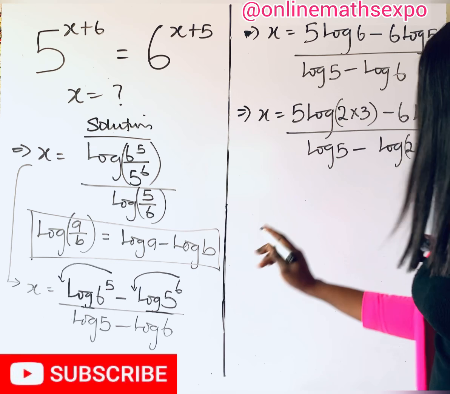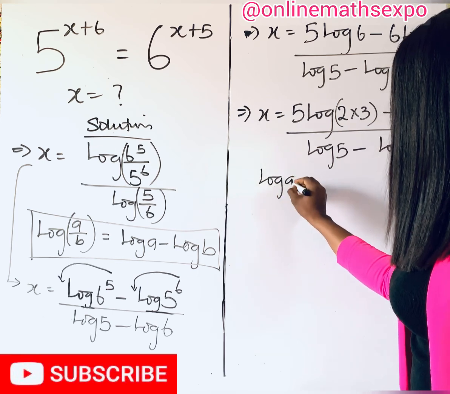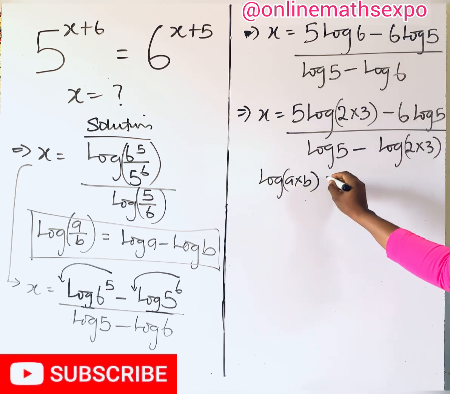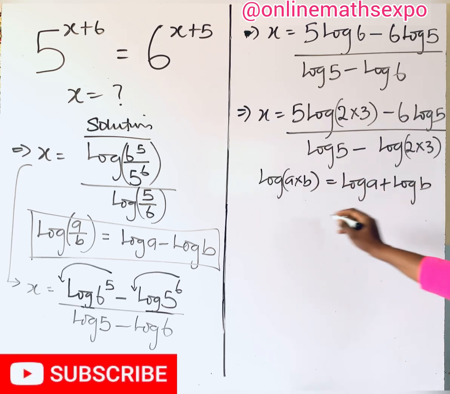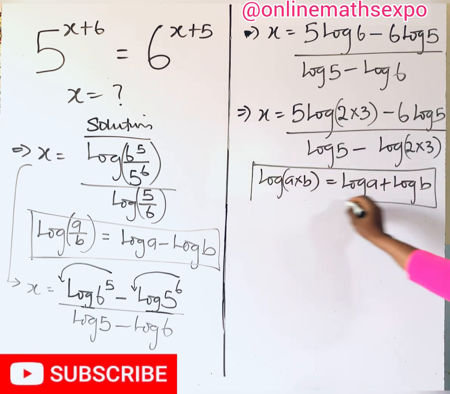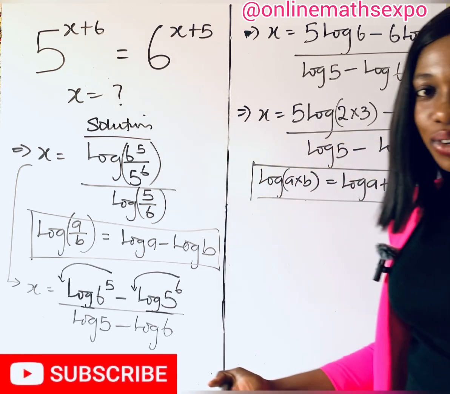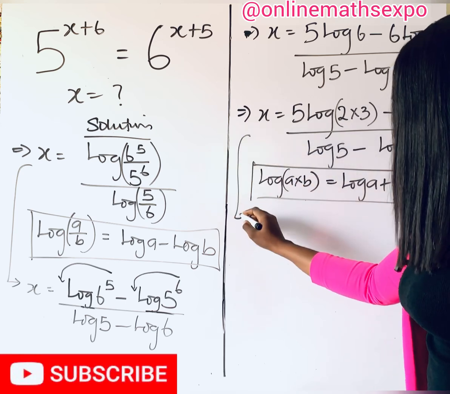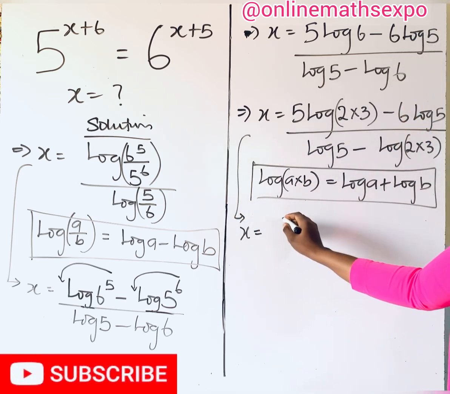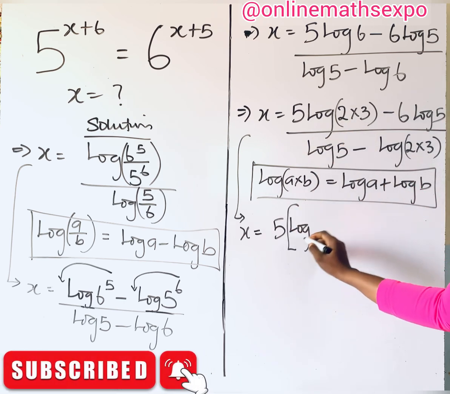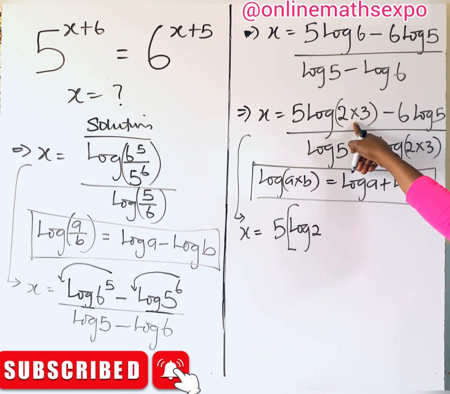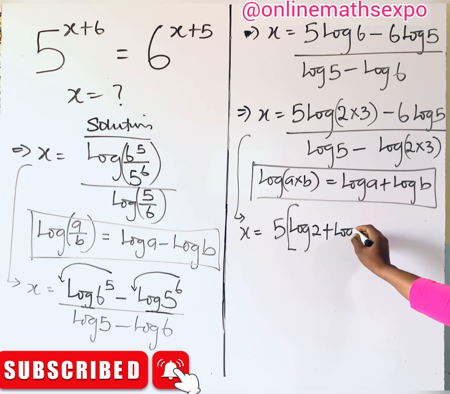Now, just remember quickly that log of A multiplied by B is the same as log of A, multiplication turns to addition, then you have log of B. Interesting. Now, apply it here to make your work look beautiful. You're going to have x is equal to 5 log, this is going to give us 5 log 2 for this, okay, plus log of 3.